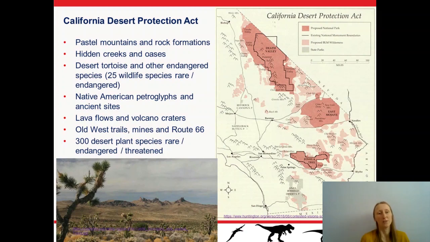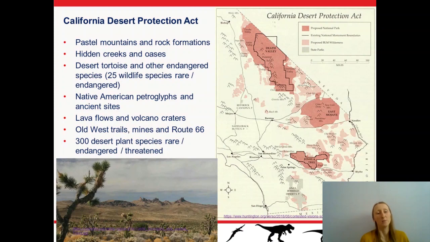There are lots of petroglyphs from Native Americans and ancient sites within these areas that the Desert Protection Act protects. And there are lots of lava flows and volcano craters. Again, this protection really protects those sites, so it's given them the status to be protected.